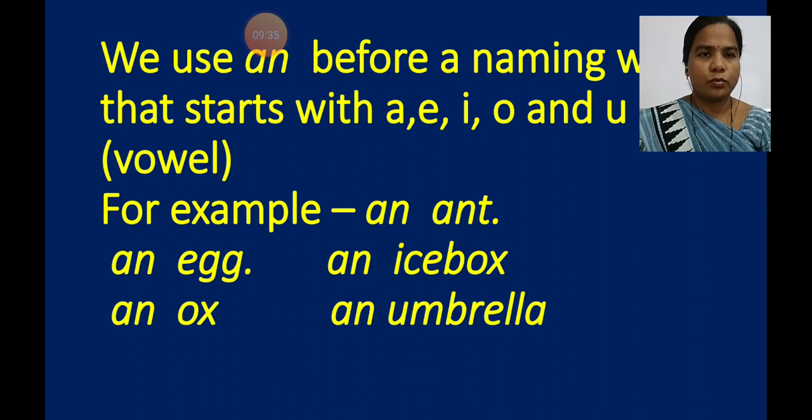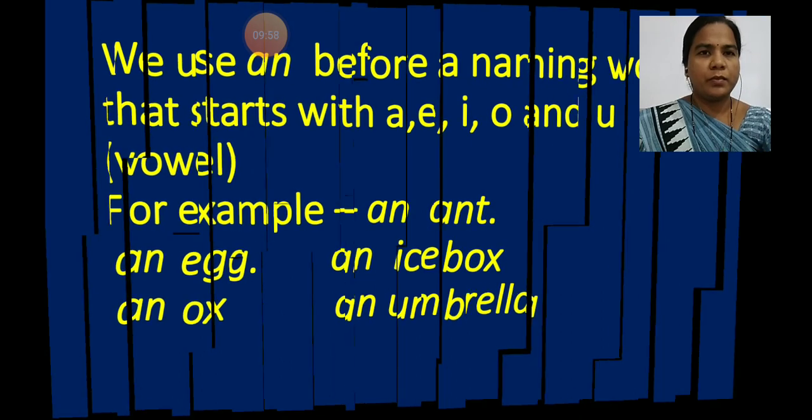So in short, when the words start with A, E, I, O, U sound, we have to use an before that word. Got it, children? It is very simple, very easy and very interesting also.